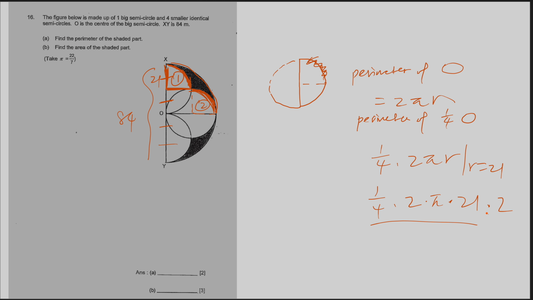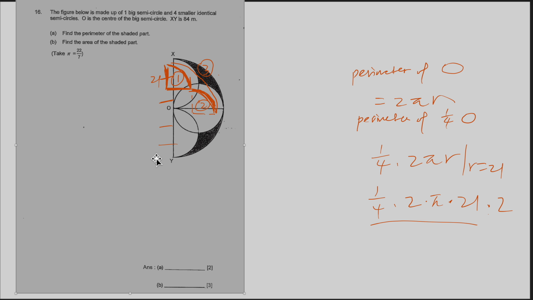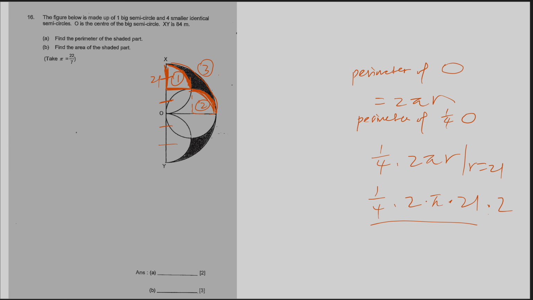And now, can I ask you, how do you find part 3? By the way, if you try to zoom out, I want to use the eraser.